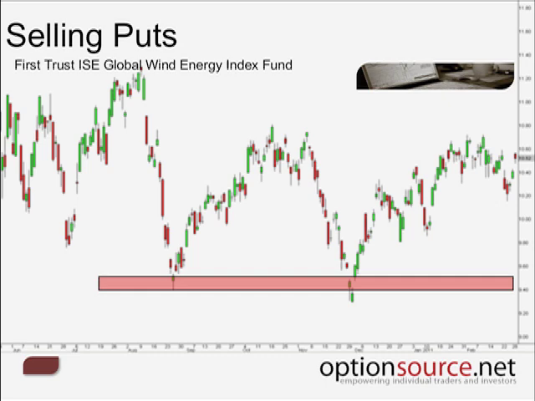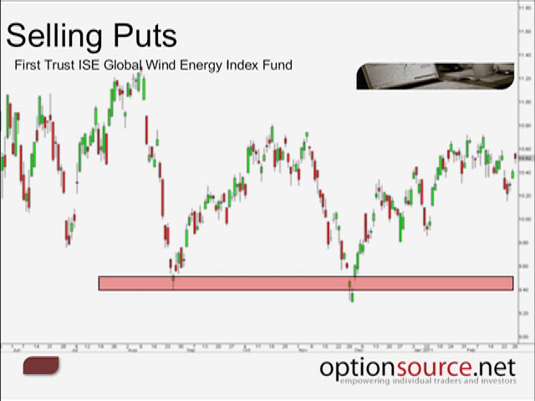And so in this situation, I have a chart here of the ISE Global Wind Energy Index Fund, and on that fund, down there along that $8 range on the downside, is where all those key lows were coming in.